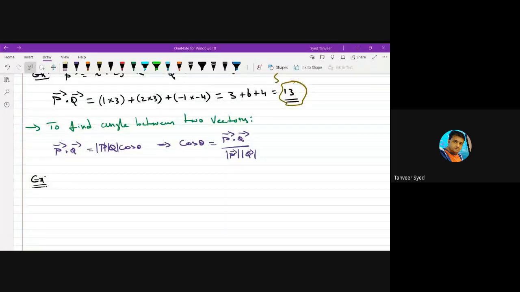So one example for finding angle between two vectors using scalar product.